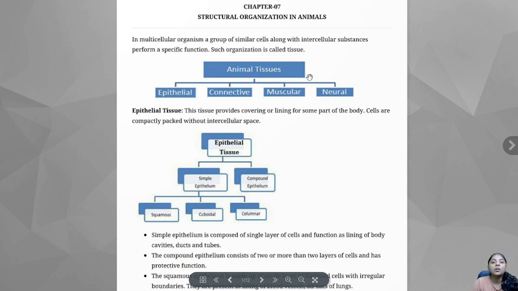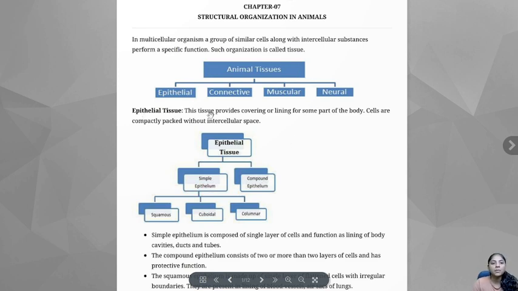Epithelial tissue provides a lining or a covering to the structure or the body of the animals. Then connective tissue means, as you can guess from the name, this is the tissue that connects the various parts of the body. Then we have the muscular or the muscle tissue, and the last one is neural tissue, which will send reflexes and signals from one part of the body to the other.